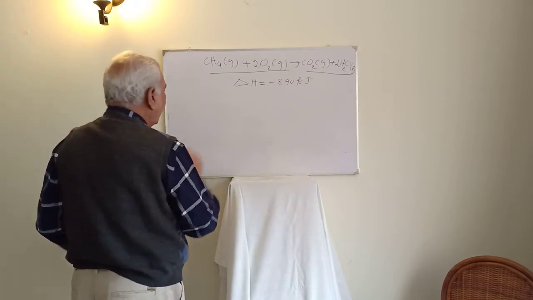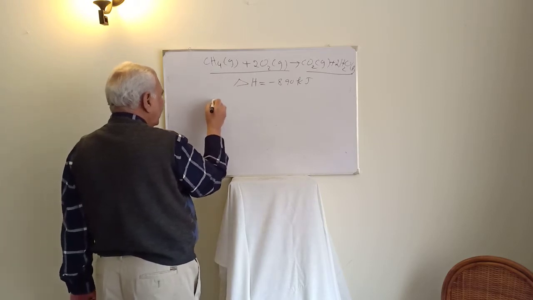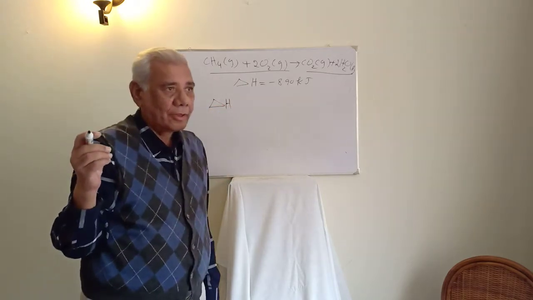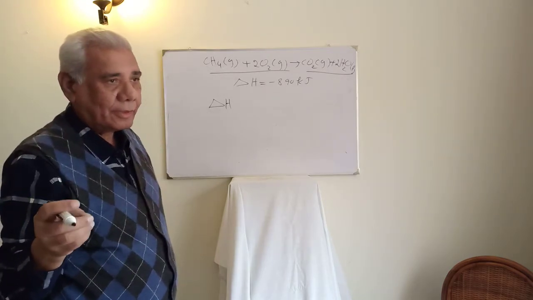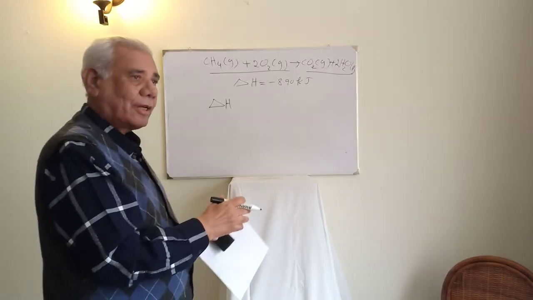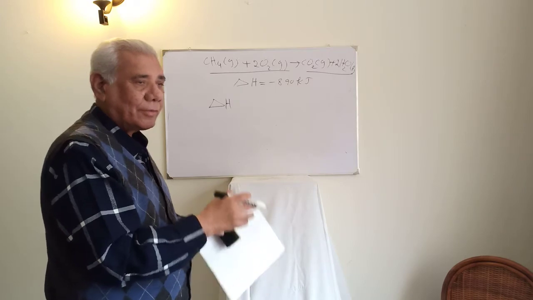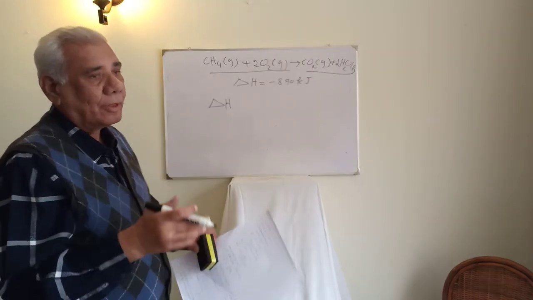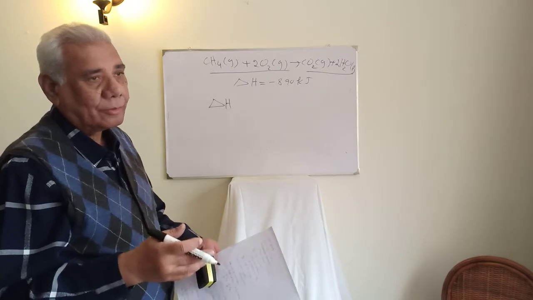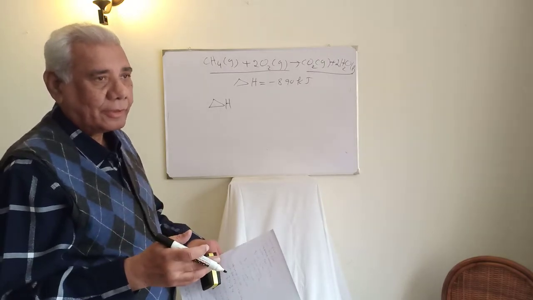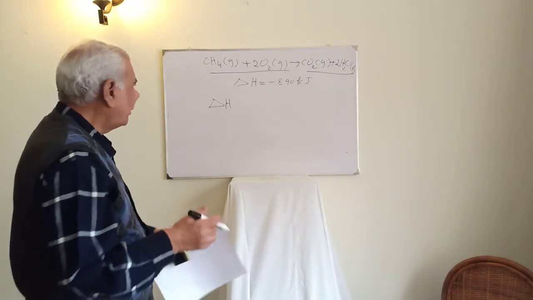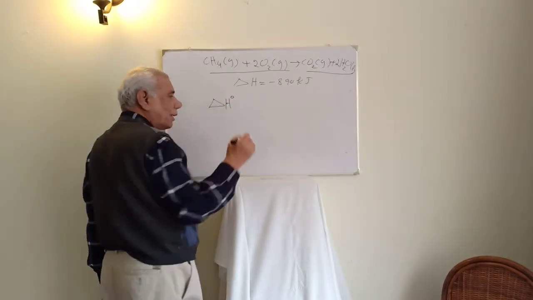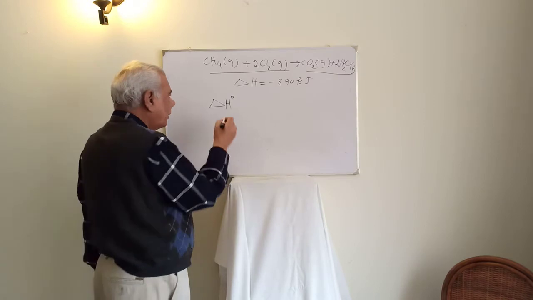Now we can write for this reaction, if this reaction is carried out at 25 degrees centigrade, that is, the products are at 25 degrees centigrade and 1 atmosphere pressure, and the reactants also at 25 degrees centigrade and 1 atmosphere pressure, then the enthalpy change is the standard enthalpy change of the reaction.